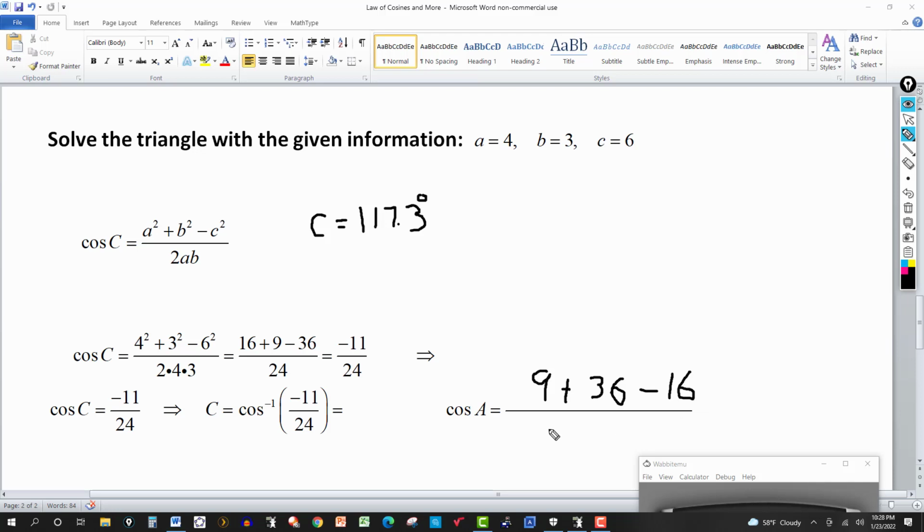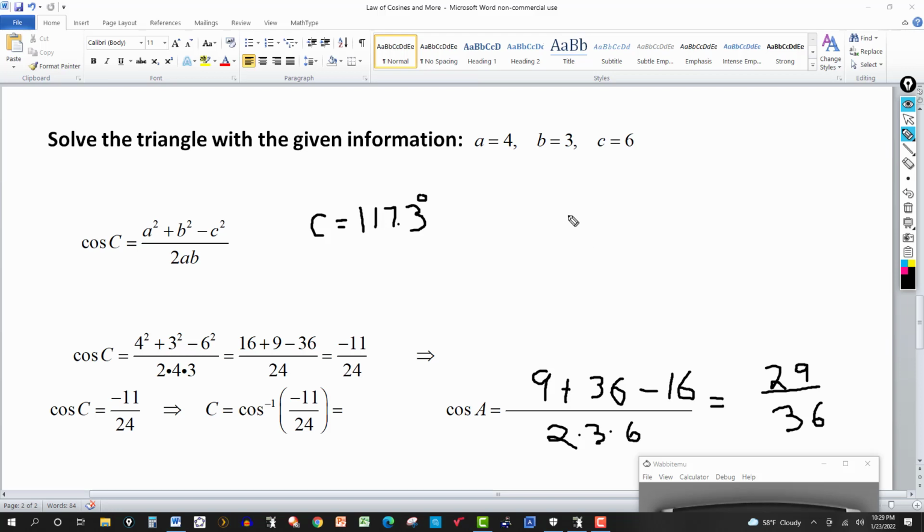And in the bottom, I have 2 times the product of the other sides, the same ones that I had squared: 3 times 6. So 36 minus 16 is 20, and then add 9, that gives us 29. And in the bottom we have 2 times 3, 6, times 6 again, that's 36.